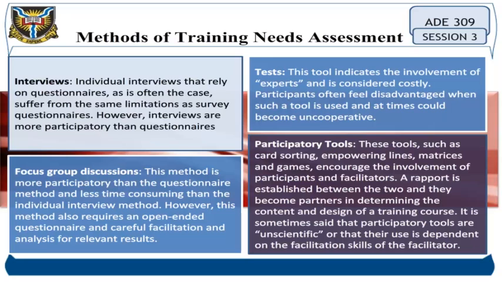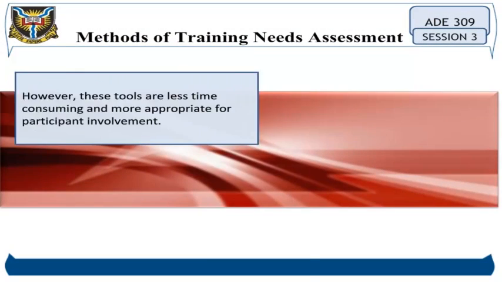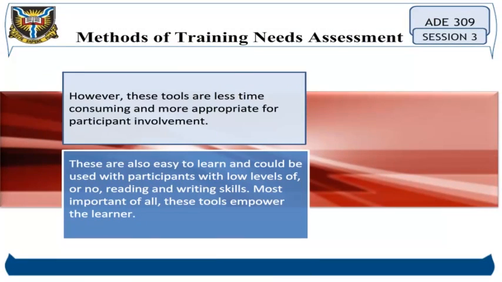It is sometimes said that participatory tools are unscientific or that their use is dependent on the facilitation skills of the facilitator. However, these tools are less time-consuming and more appropriate for participant involvement. These are also easy to learn and could be used with participants with low levels of or no reading and writing skills. Most important of all, these tools empower the learner.